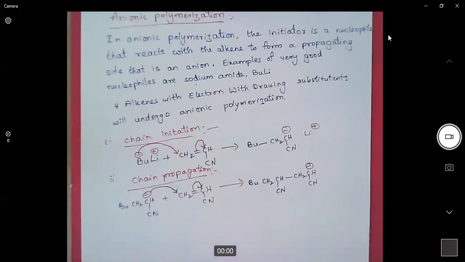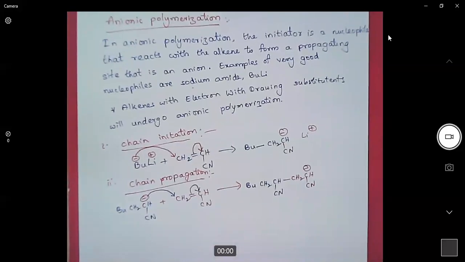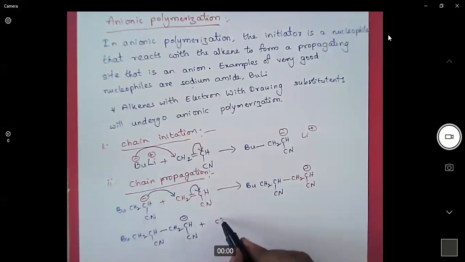These steps will occur again and again, so that the final chain will become very large. This reacts with another monomer.